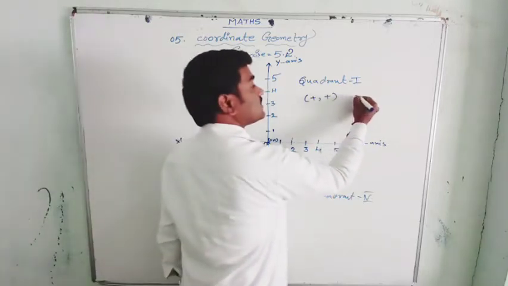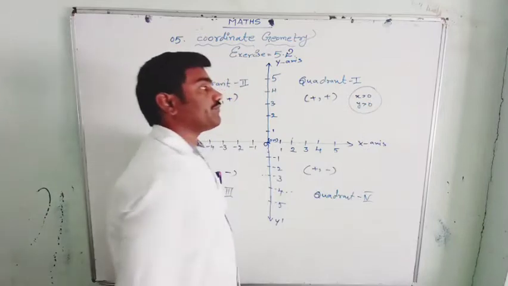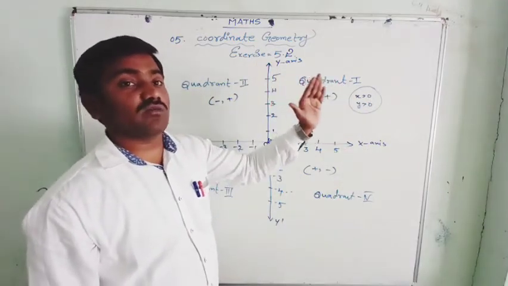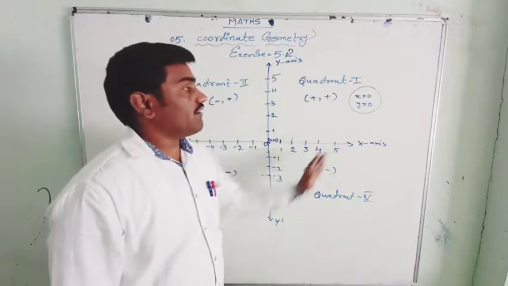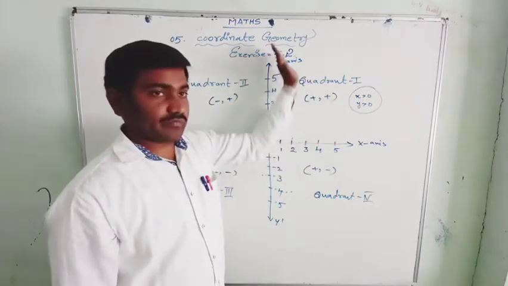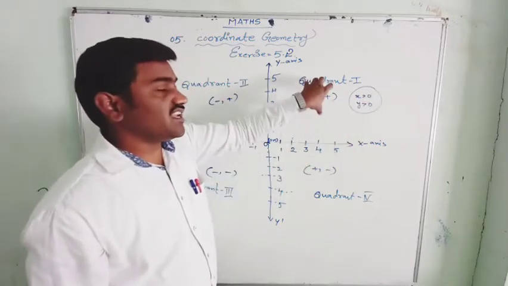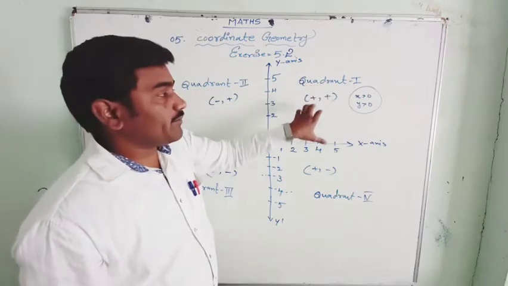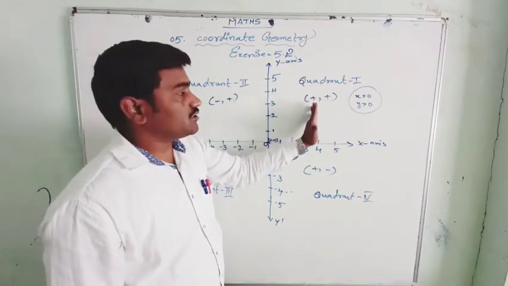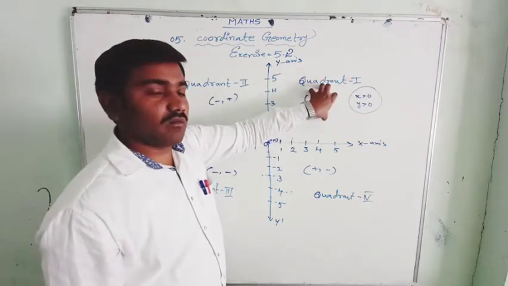See that if x is greater than 0 and y is greater than 0, that means both are positive, and the point lies in quadrant number 1.